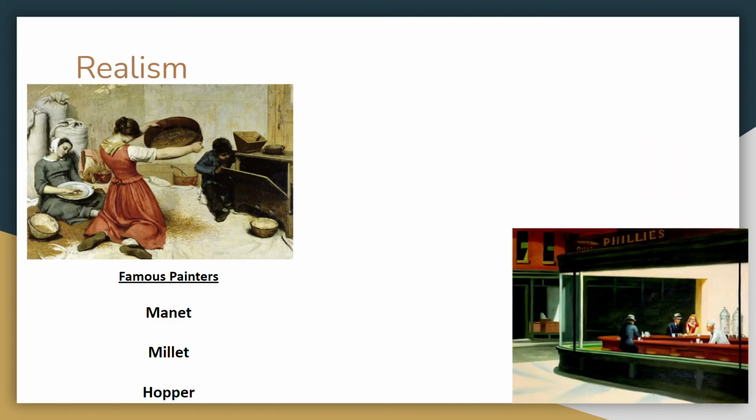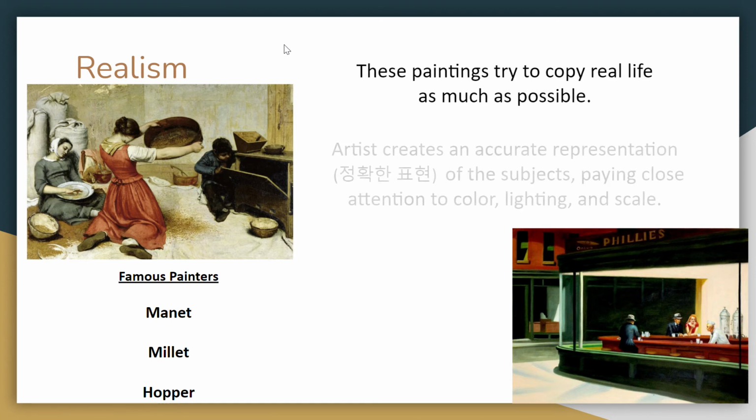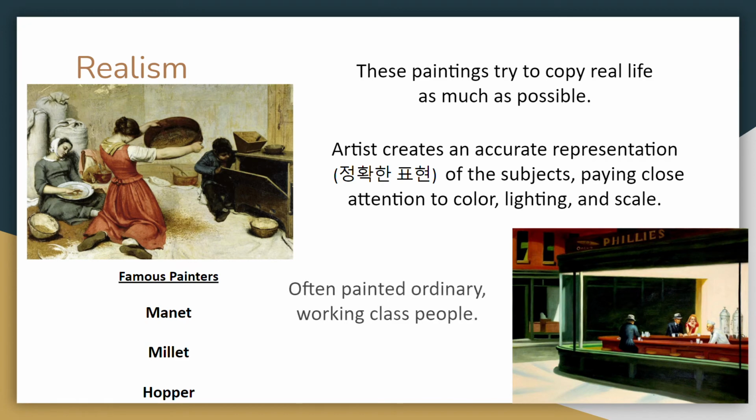Let's begin with realism. So here we see some realist paintings, some realism paintings. Okay, there we go. So we see in realism, these paintings try to copy real life as much as possible. So these paintings want to look like a photograph, or they want to look very realistic.